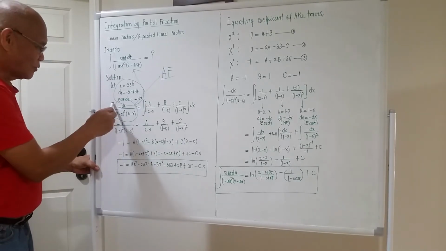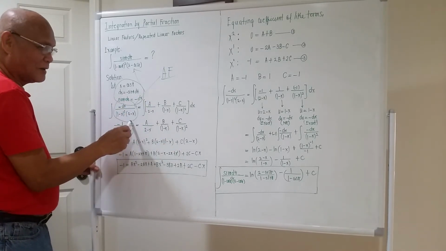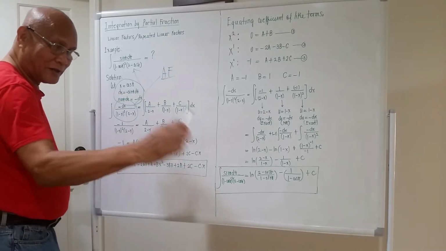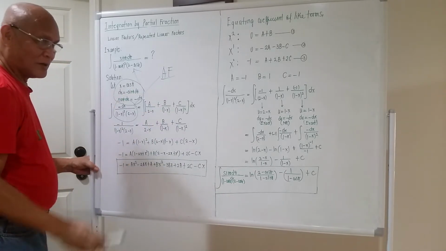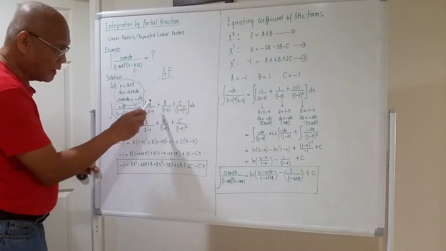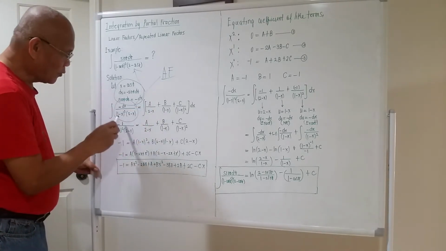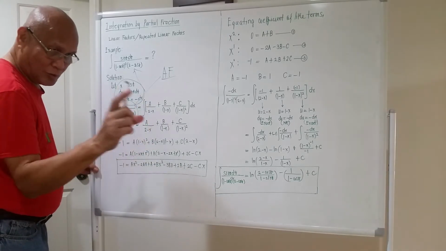Okay? So the integral of this should be equal to the integral of 3 partial fractions. For the first linear factor which is not repeated, the equivalent will be a over 2 minus x. The repeated linear factor 1 minus x, you got 2 partial fractions.